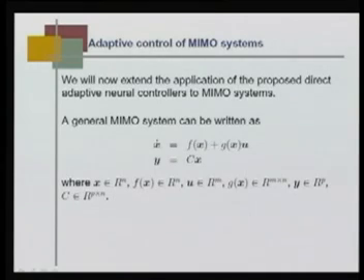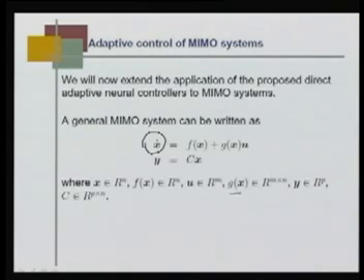Unlike the earlier case, here x dot is a vector, where x belongs to an n dimensional space, f x is also an n dimensional vector, u is an m dimensional vector, G is an n by m matrix, y is a p dimensional vector, and c is a p by n matrix.